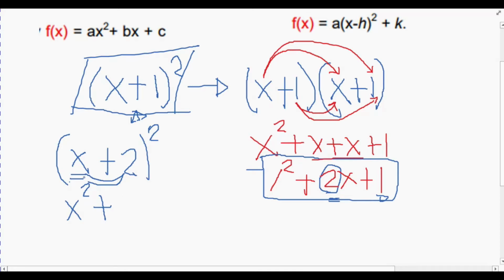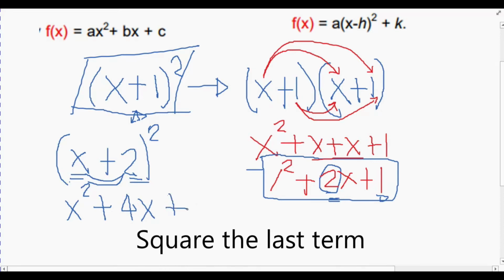So x times 2 is 2x, times 2 becomes 4x, and then square the last term, so you have 4.